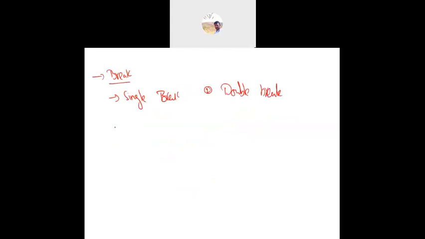Next we have the type of action, that is, automatic or manual operating. Based upon the operation, one is automatic and the second is non-automatic, which we can call manual.